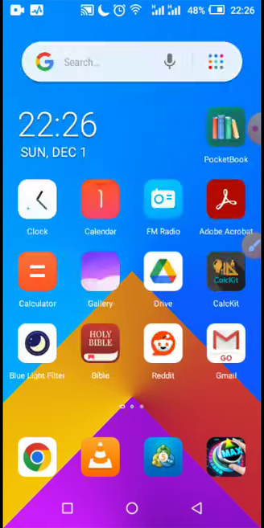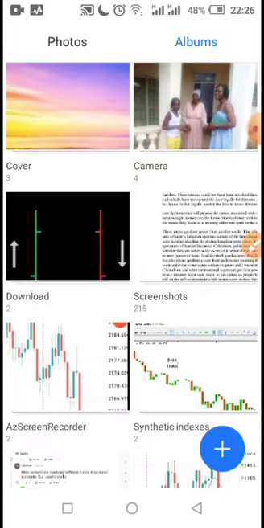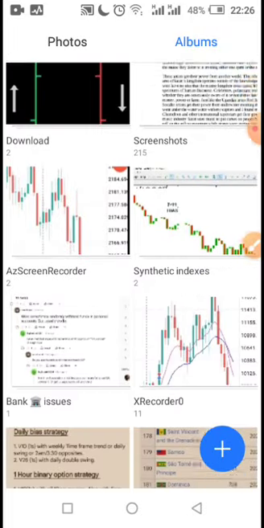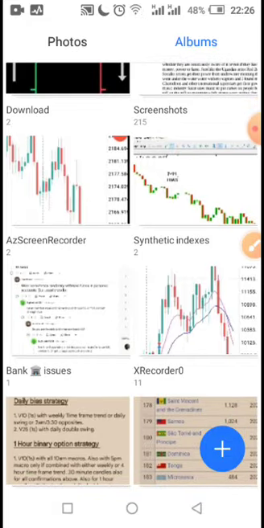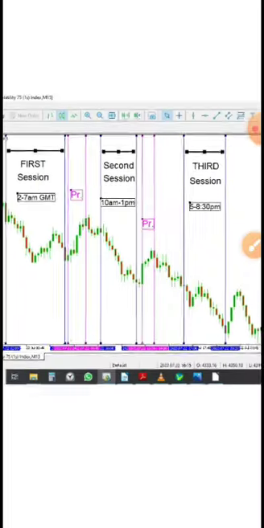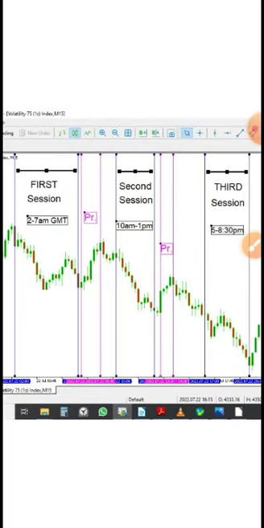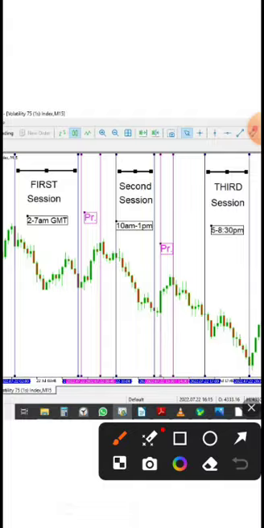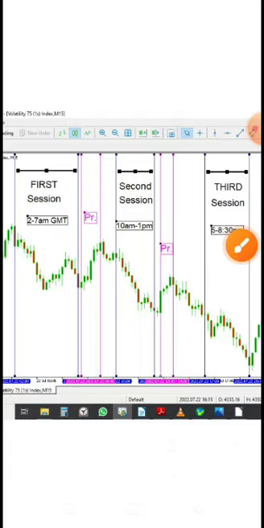Synthetic indices also have 3 open sessions when trading them intraday: the first open session, the second open session, and the third open session. Your first open session will be 2 to 7 a.m. GMT.